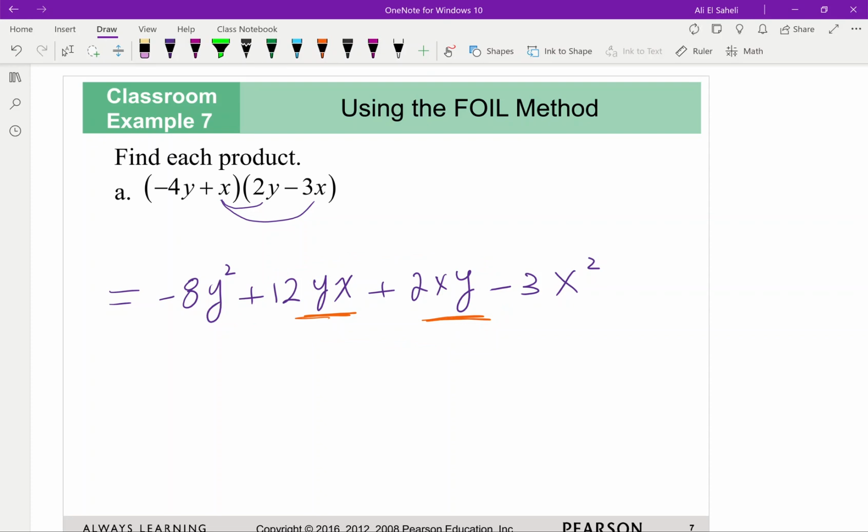There is no other x squared term. So minus 8y squared, 12yx plus 2xy, yx is the same, is 14. We can write it xy or yx, because remember, a times b is the same as b times a. Minus 3x squared.